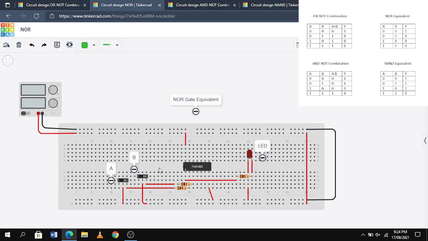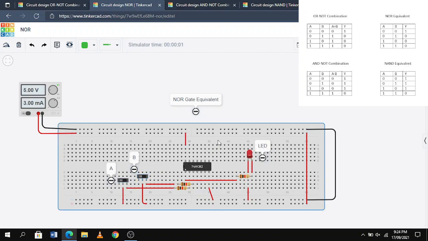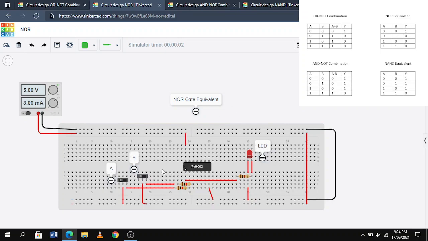So our truth table is over there, and let's see if this demonstration has verified the truth table. So I'll start. So at logic 0, both switches off at logic 0, we have the output at logic 1.